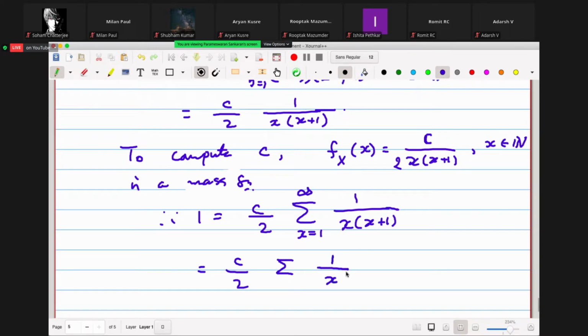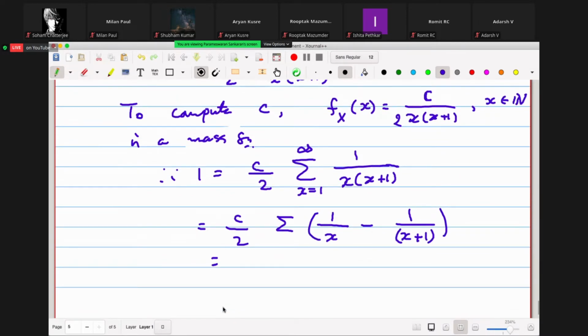Write the one with the smaller denominator first, and then 1 by the other. Only the first term survives.